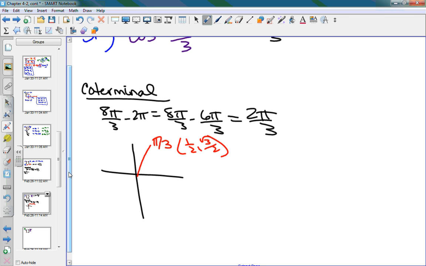All my fractions with the denominator of 3 have exactly the same sine and cosine values as pi over 3. If I have a denominator of 6, then I'd be looking at pi over 6. If I have a denominator of 4, then I'd be looking at pi over 4. Do you understand that? Yes. Okay? Now where's 2 pi over 3 at? Well, here's 3 pi over 3, which means this is going to give me the 2 pi over 3. Yes?